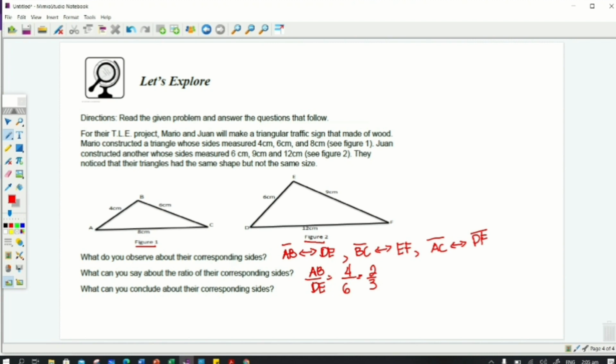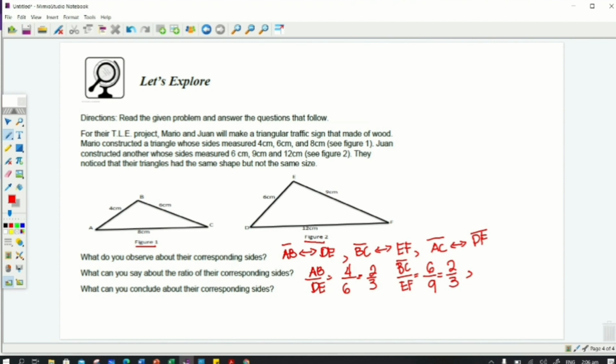Next, let's get the ratio of segment BC and segment EF. Segment BC is 6 cm over the measure of segment EF, which is 9 cm. The ratio of 6 over 9 is also 2/3.